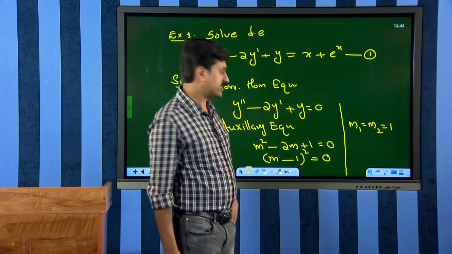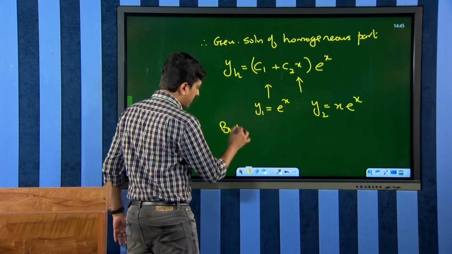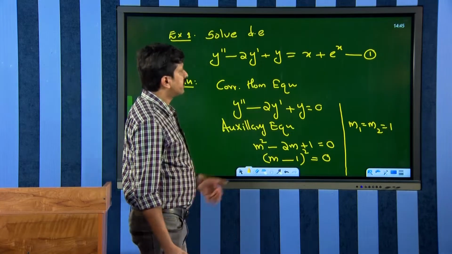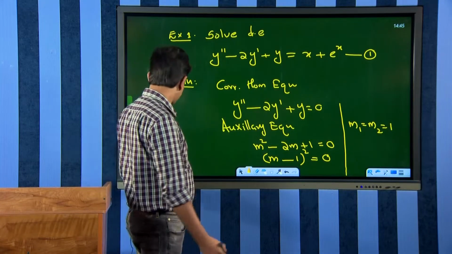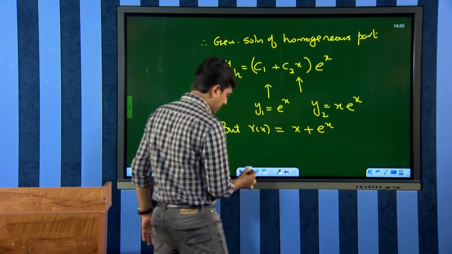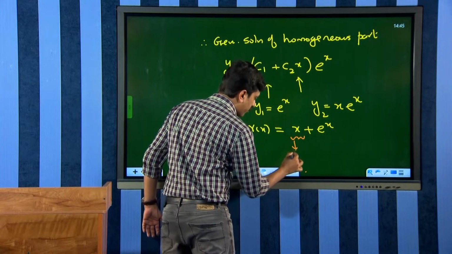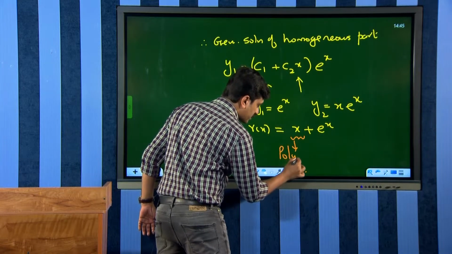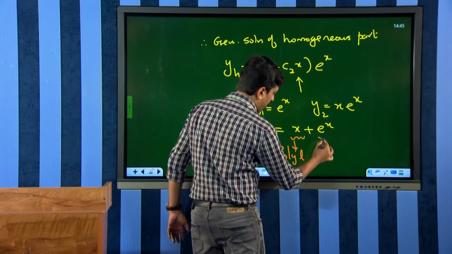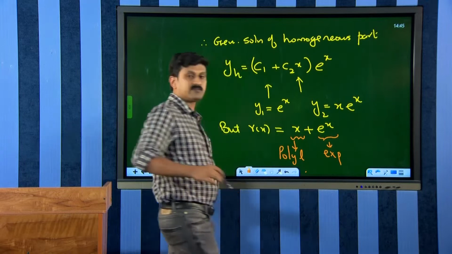Here x is the polynomial part, and we have one more function, the exponential function.